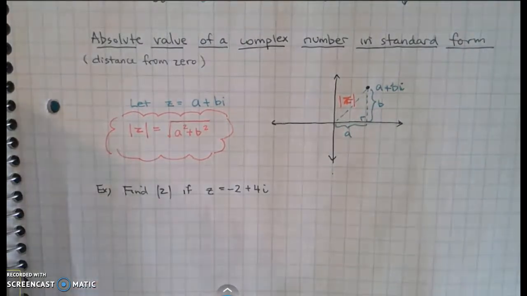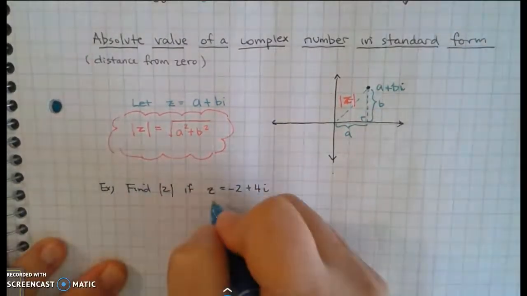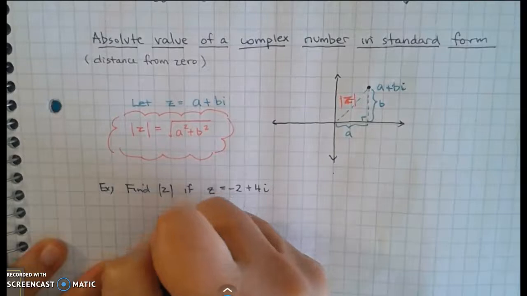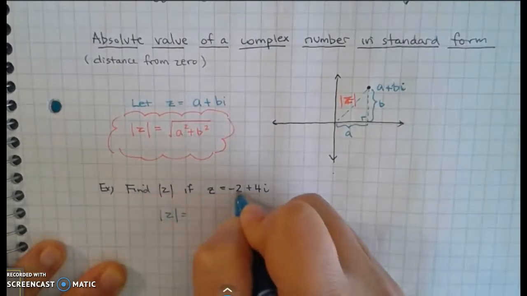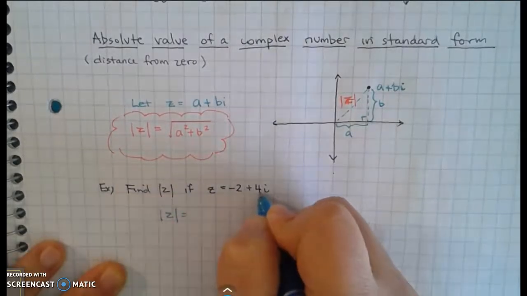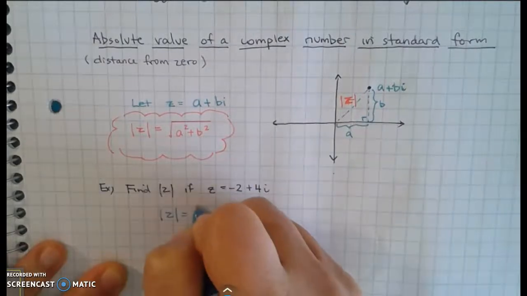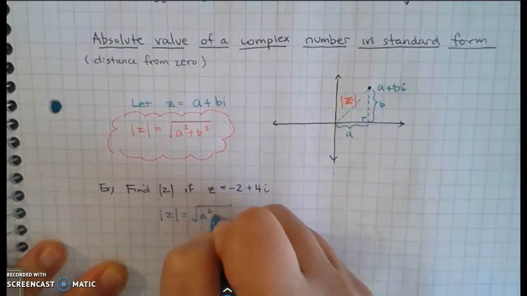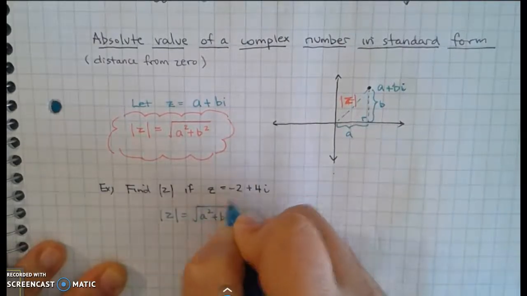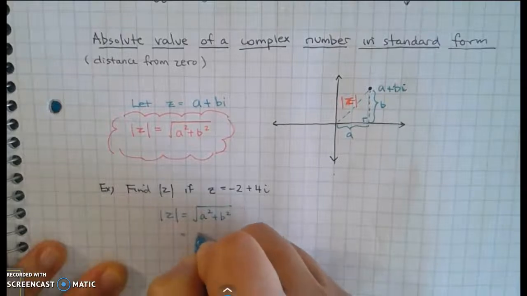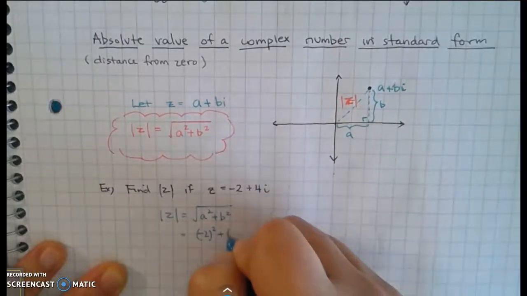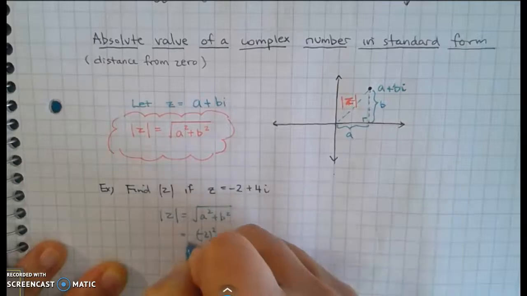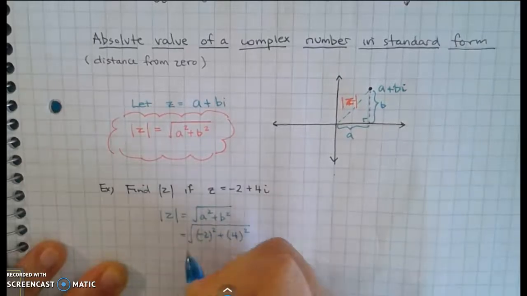How do we figure out the absolute value of this complex number? Well, the absolute value of z is the square root of a squared plus b squared. What is a? A is -2, whole squared. What is b? That's 4, whole squared, and take the square root of it.